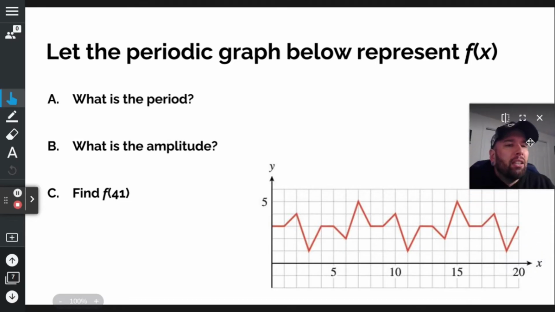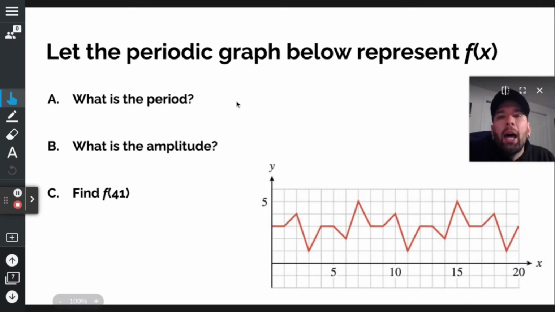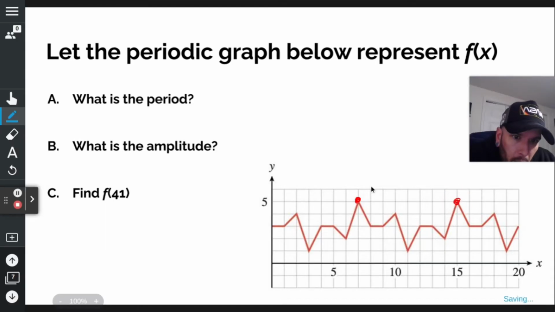Now we're starting right off the bat with a periodic graph, as you can see right there. Right away, I ask you what the period is, which means if I were to pick a spot, like right there, how long will it take me to get to the same exact spot? Well, this peak occurs at 7 and then reoccurs again at 15.